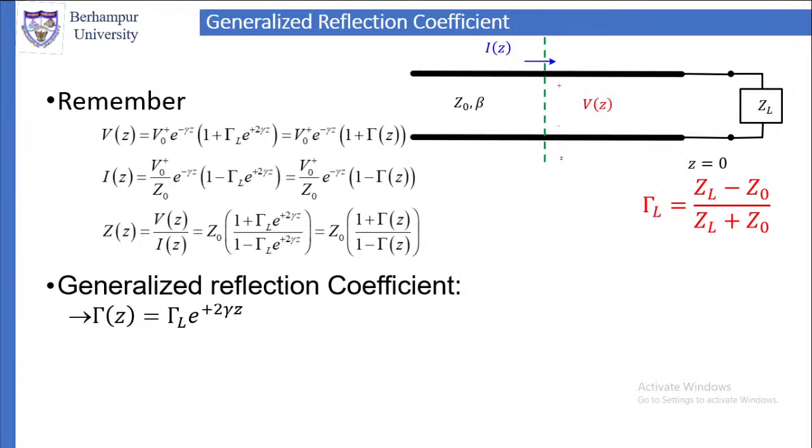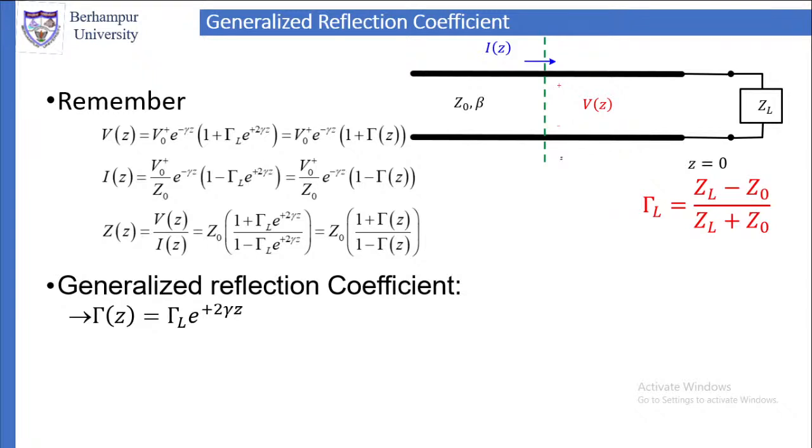Γ_L, you know, is equal to V0- by V0+. So Γ_L into V0+ will be V0-. V0- is the reflected voltage. V0+ is the forward propagating voltage. For V0- we can also write Γ_L into V0+.